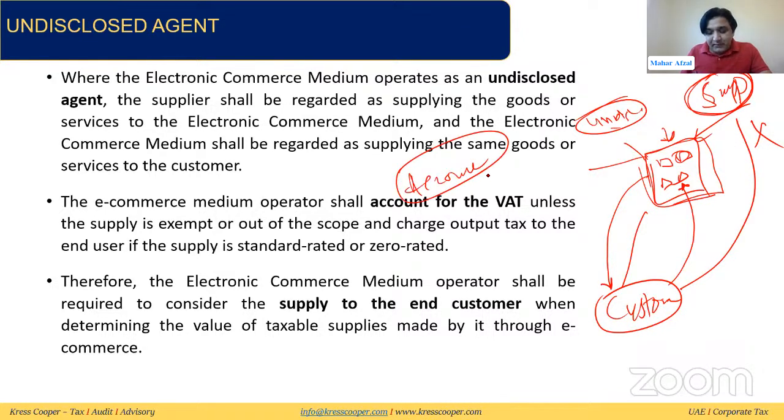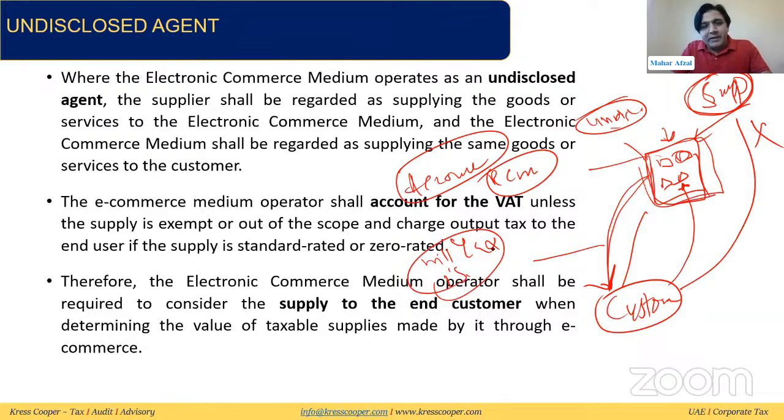Accounts for, I believe it will be subject to RCM, because they are using the words account for the VAT. If they are accounting for the VAT, then whenever this platform operator is supplying the goods and services to the customer, this platform operator will issue a tax invoice by adopting the tax position, unless the goods are zero rated, unless the goods are exempt or out of the scope.